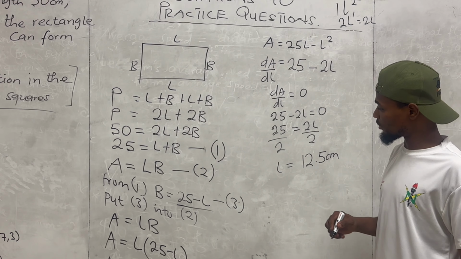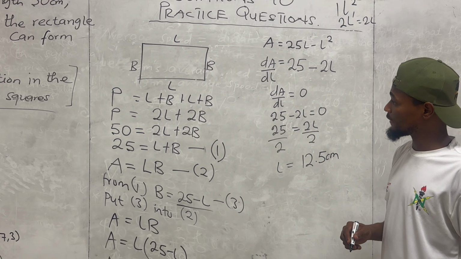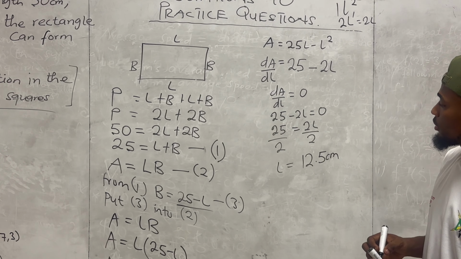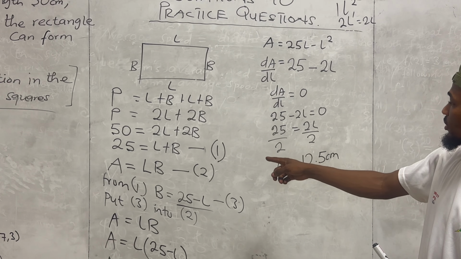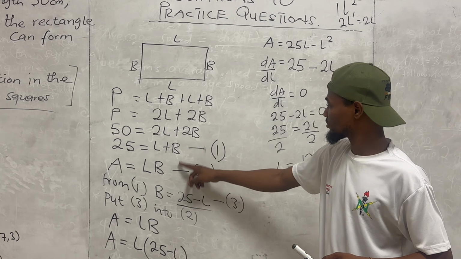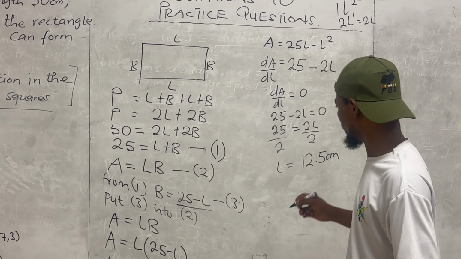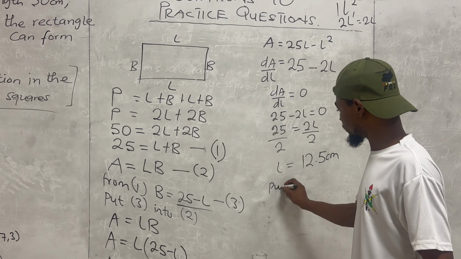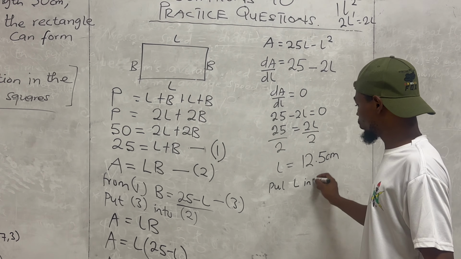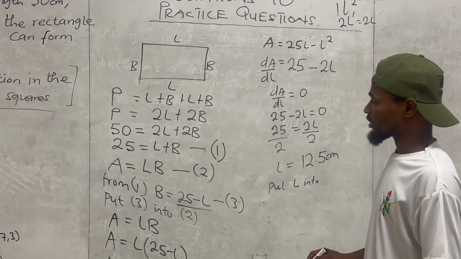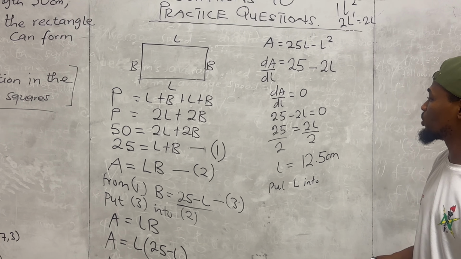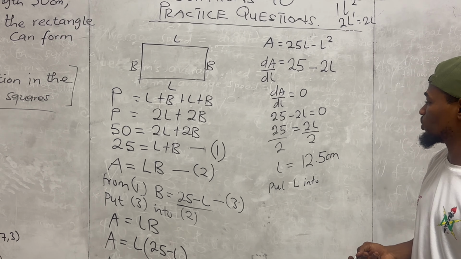So how do I find B? I have equation 1 and equation 2 over here. So I can put L into any of the equations. Which equation do you want us to use?